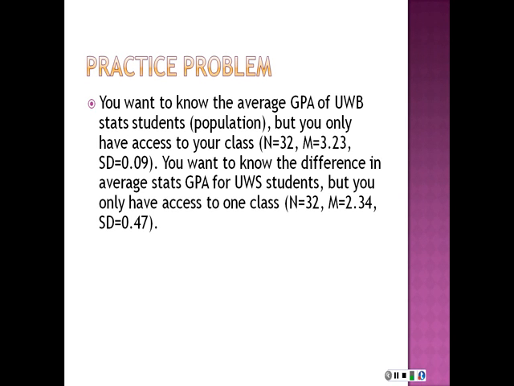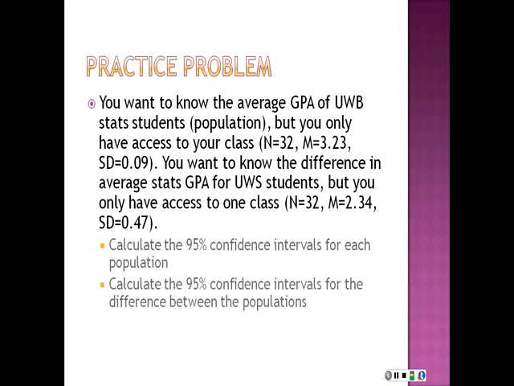So what I'd like you to do is calculate the 95% confidence intervals for each population, calculate the 95% confidence intervals for the difference between the populations, and then a bonus, calculate each of the above using the 99% intervals, right? So you're going to find the 99% interval instead of the 95.